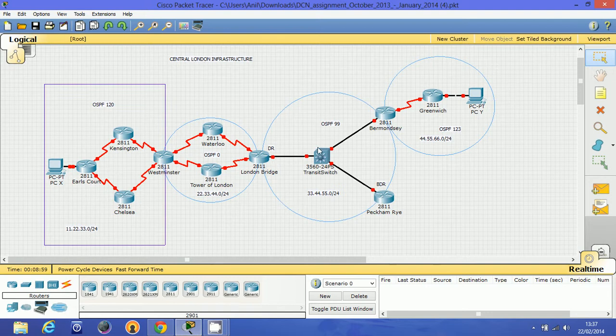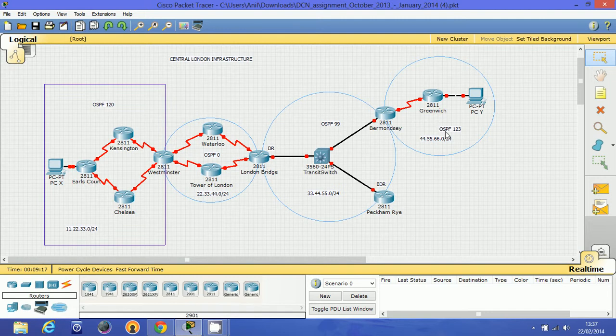This whole system is called an autonomous system, and it is divided into four different areas: 1, 2, 3, and 4. One is named OSPF 120, this is OSPF 0, this is OSPF 99, and this is OSPF 123.